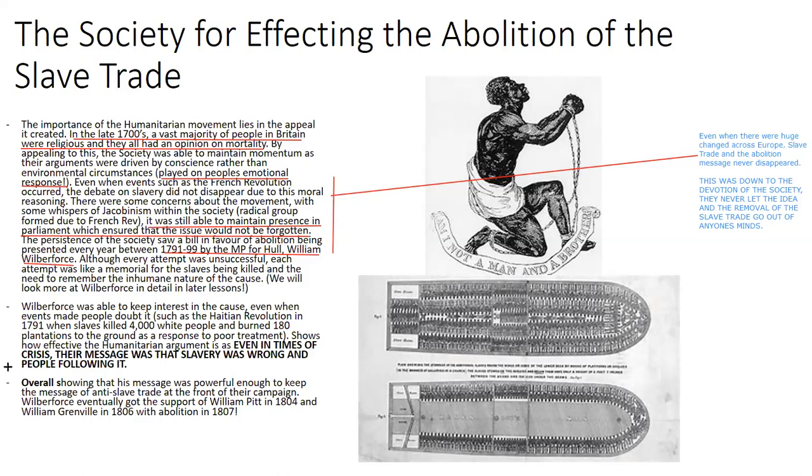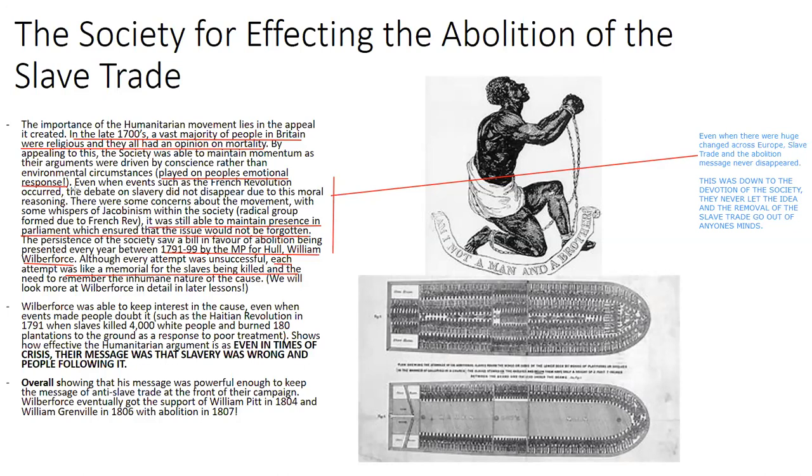Every attempt was unsuccessful, but the key thing was, because the society got William Wilberforce on their side, each attempt was like a memorial for the slaves being killed, and the need to remember the inhumane nature of the cause. So without the society getting Wilberforce on side, they may never have had such a presence in the House of Commons.